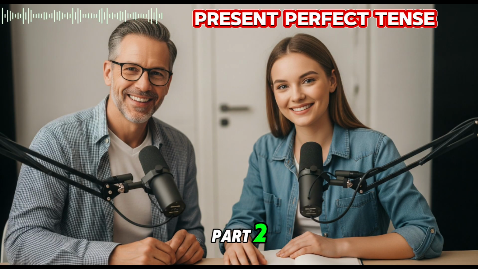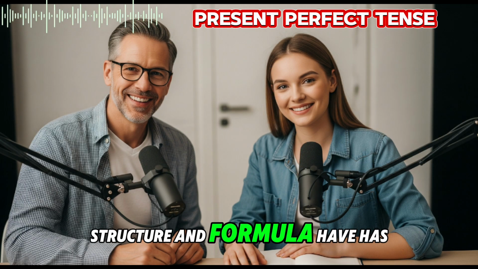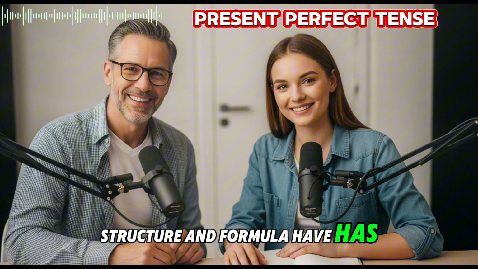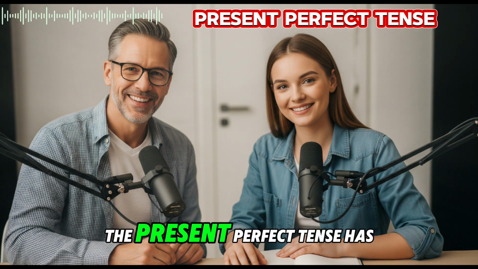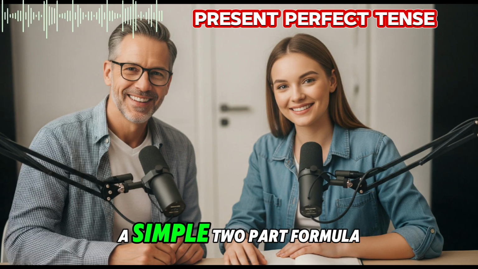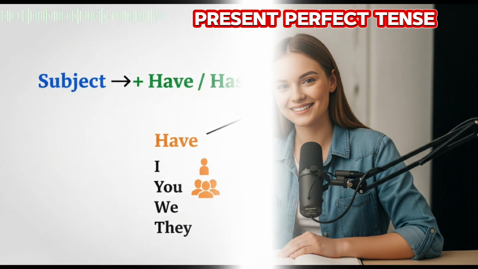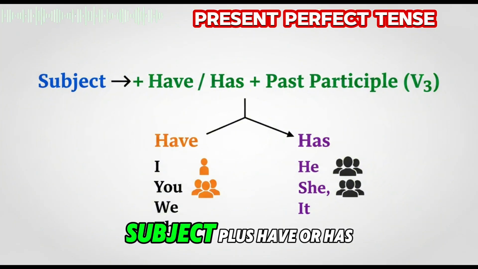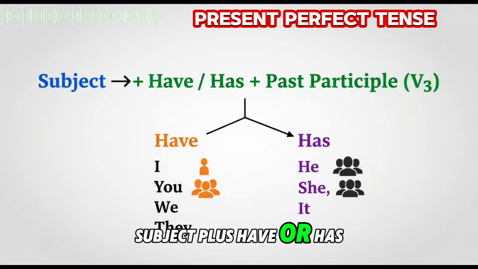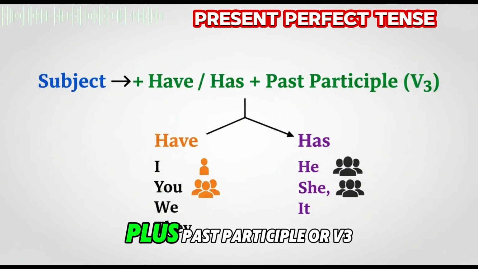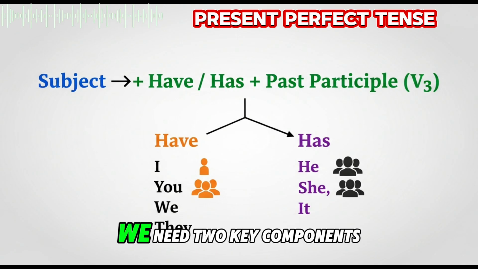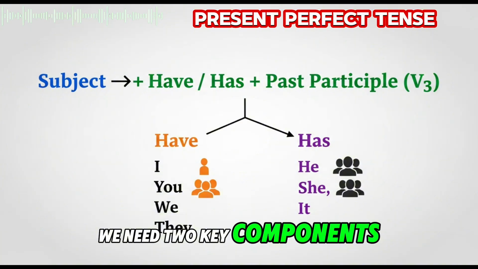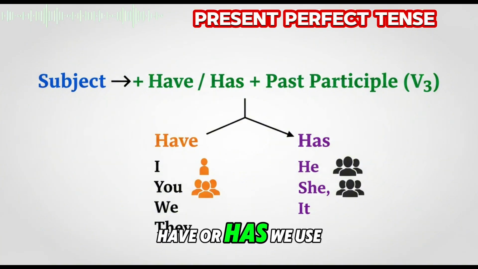Part 2. Structure and formula. Have, has, plus past participle. The present perfect tense has a simple two-part formula. Look at the screen. Formula: subject plus have or has plus past participle, or V3. We need two key components. Have or has.